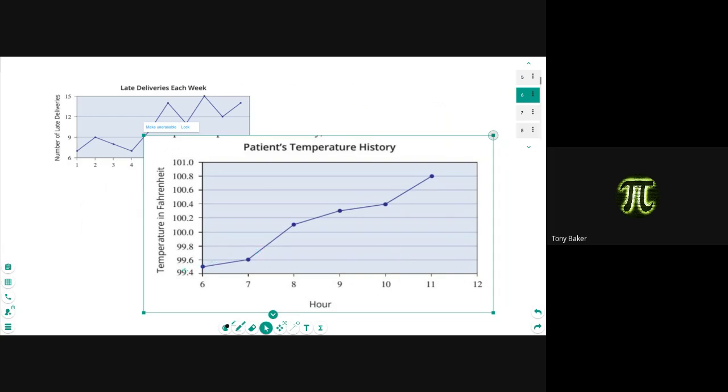It might not have been in that perfectly straight line because we didn't measure it, but if you were at 99.5 and now you're at 99.6, you had to have gone through all the other temperatures between those. So that line actually has some meaning. Where the number of late deliveries, I can't have 6.5. That's the big difference.